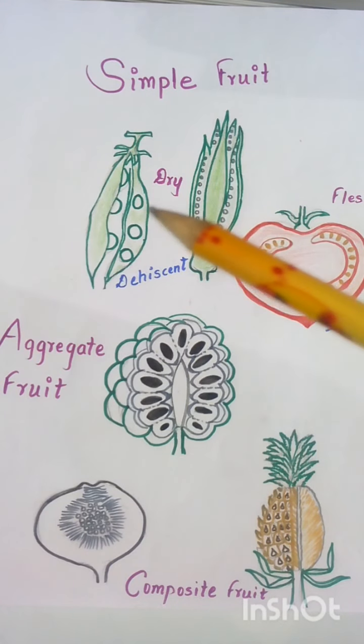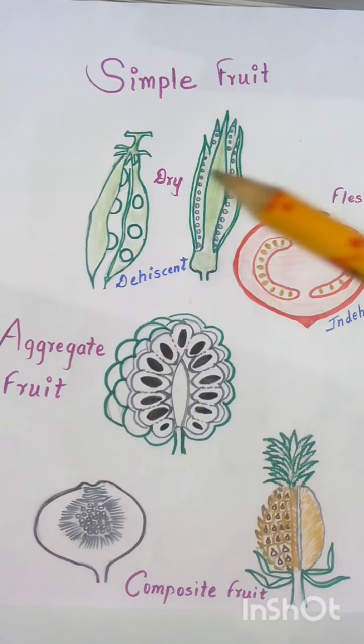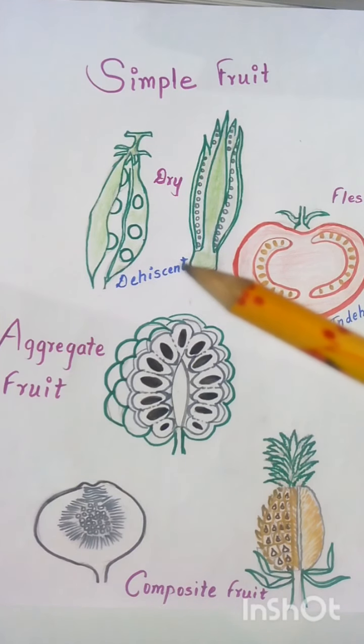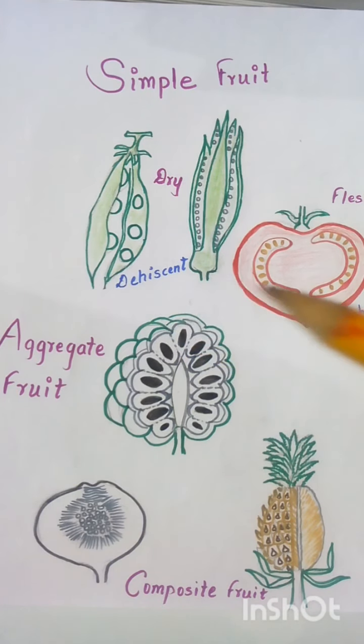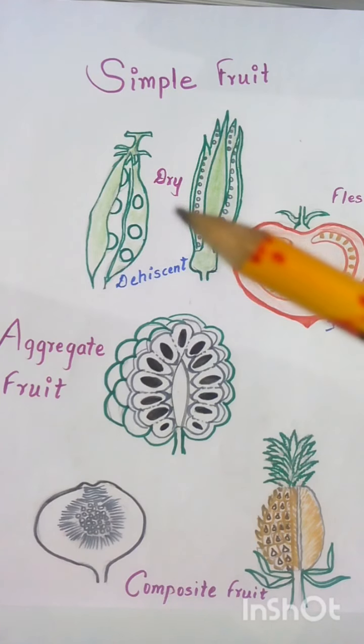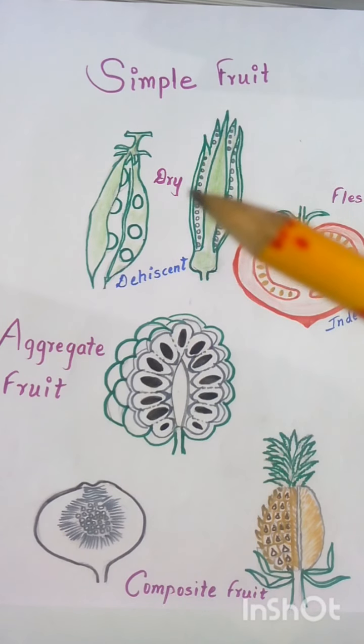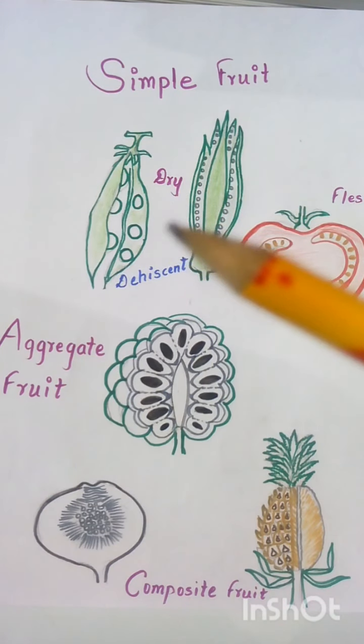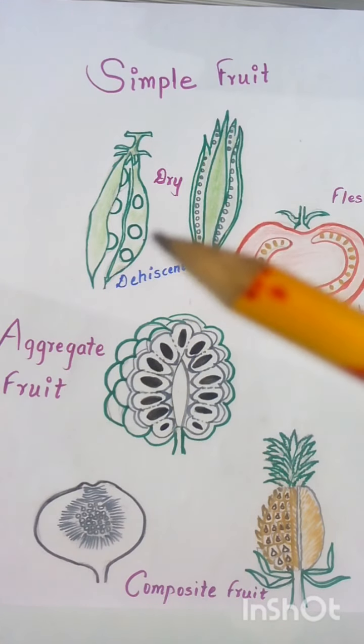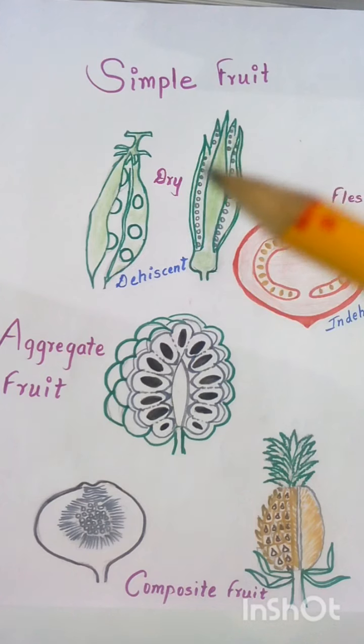One more thing about this is these two are dehiscent fruits, and this is an indehiscent fruit. What do dehiscent and indehiscent mean? Now these dry fruits at maturity, when their pericarp becomes thin and dry, will break open and release the seeds in the air.